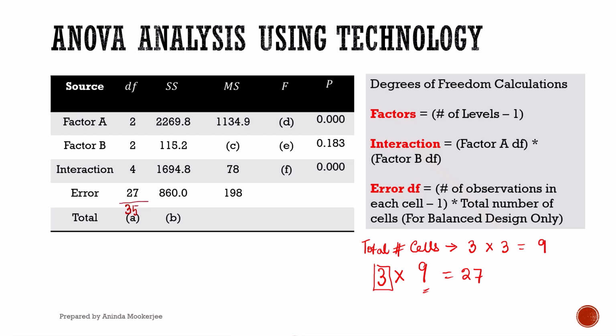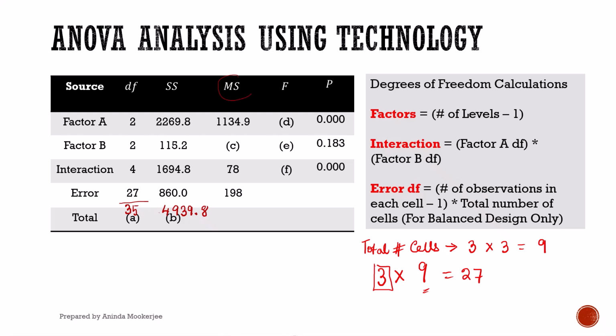Then we have the total for B, the SST or SS total, will be the sum of 2269.8, 115.2, 1694.8, and 860. And when you sum them up, you should get a value for B, which comes out to be 4939.8.